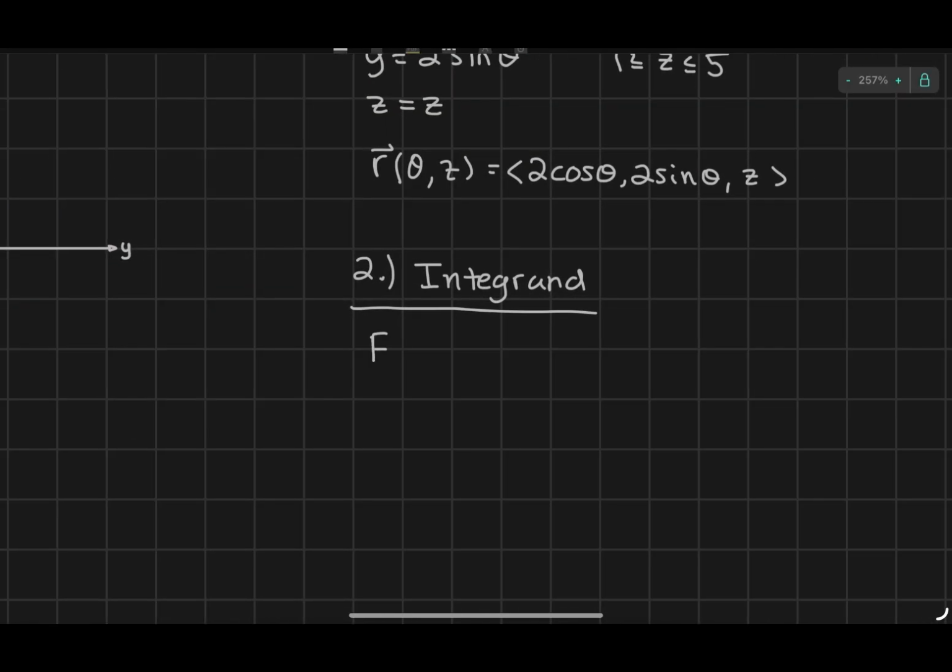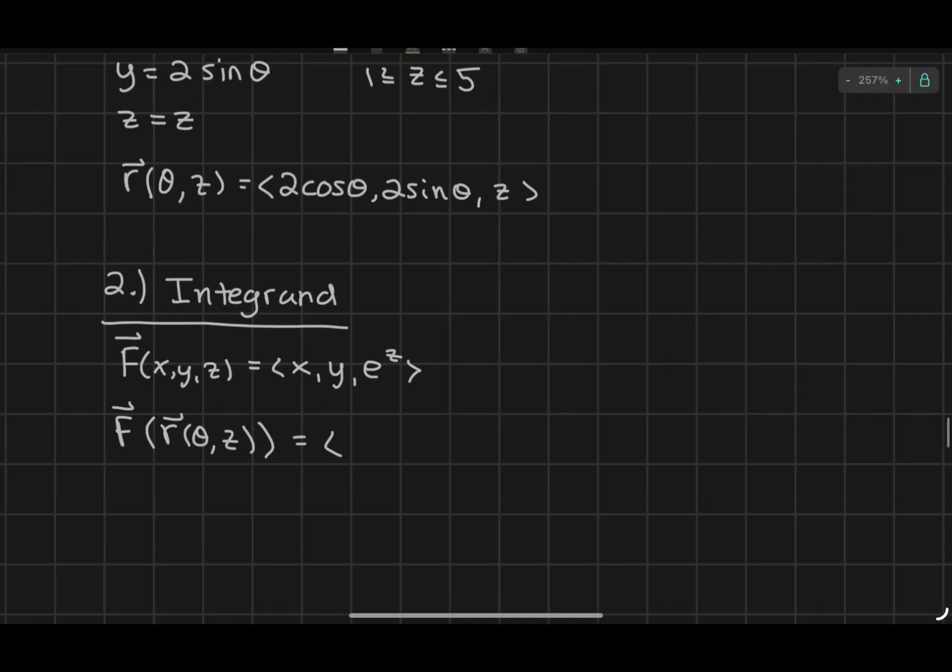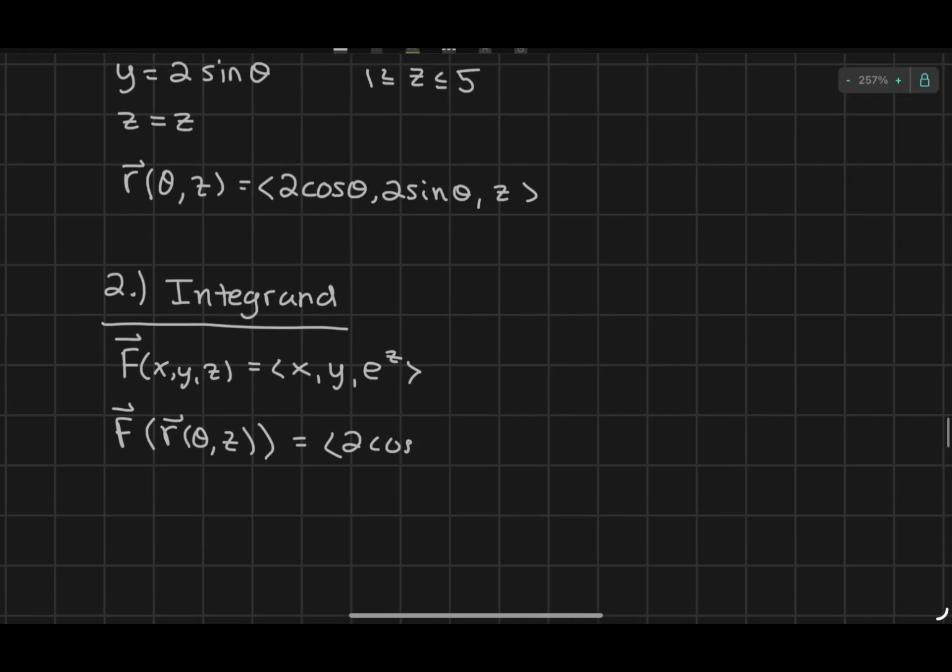So our F of x, y, z is equal to x, y, e to the z. Therefore, our F of r of theta, z is going to equal 2 cosine theta for our x component. Our y component is going to be 2 sine theta. And our z component is going to stay the exact same. It's going to be e to the z.